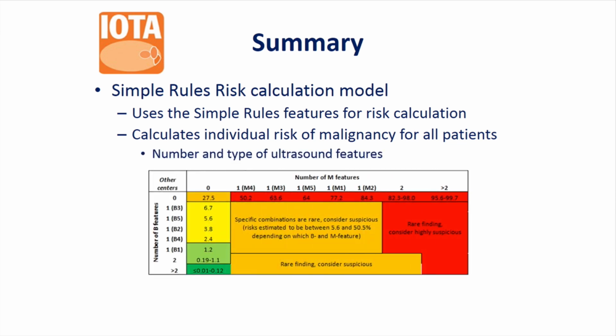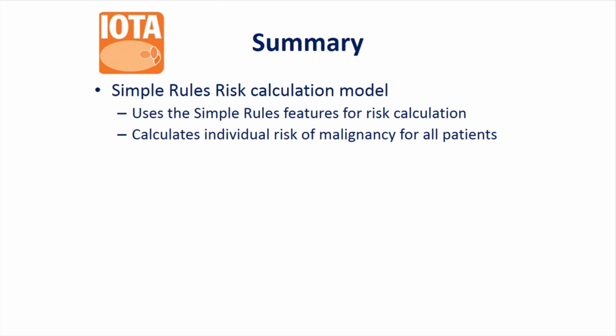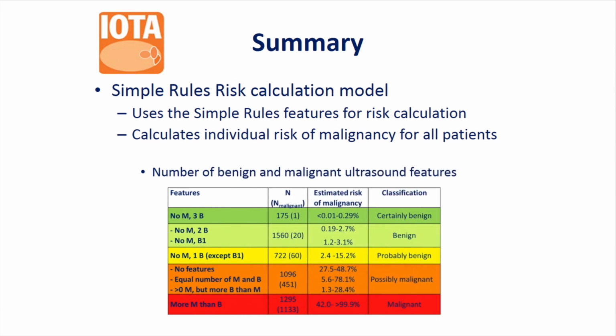But we can also read off the individual risk of malignancy for 97% of our patients by using this table, which takes into account the number and type of benign and malignant ultrasound features, and we can read off an approximate individual risk of malignancy for all our patients by using this simple table, which takes into account only the number, but not the type, of malignant and benign ultrasound features.